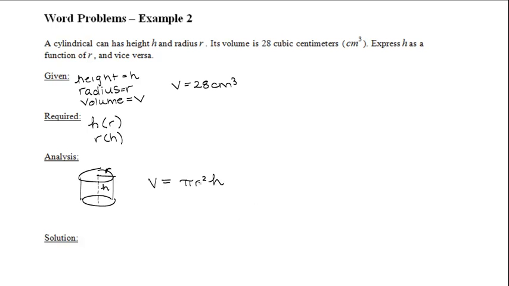So here we know that our radius is just r and our h is just h, but we know what V is, so we can sub that in. So it's going to be 28 is equal to pi r squared times h. So that's the formula that we're going to use.